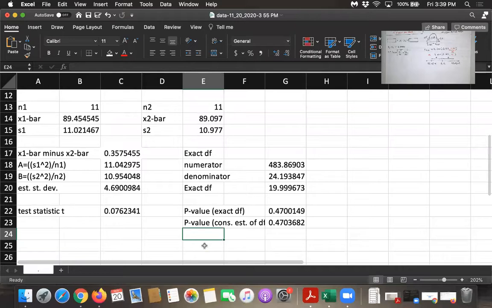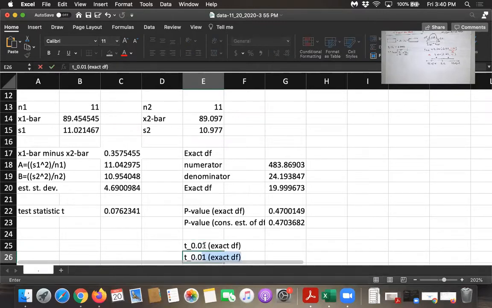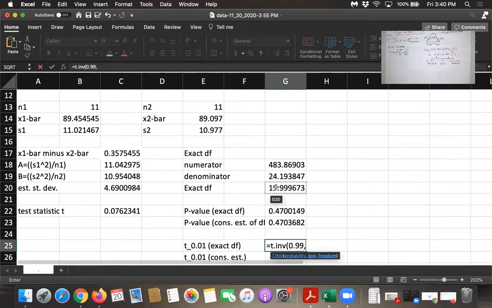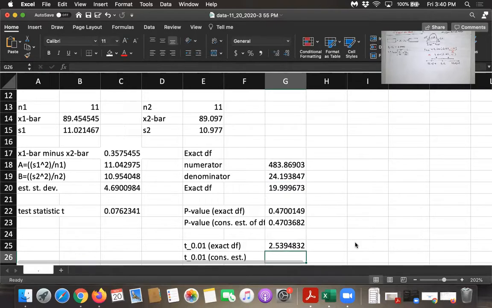Okay, so I want my t sub 0.01. And I can do that with the exact number of degrees of freedom, and I can compute that with the conservative estimate of the number of degrees of freedom. So we'll type equals t dot inv, open parentheses, the probability, that's the area to the left, is 0.99, and the number of degrees of freedom can be given by this exact value.